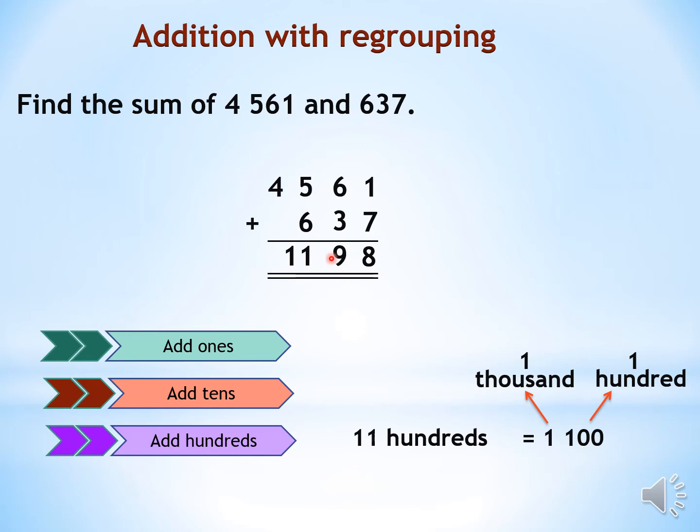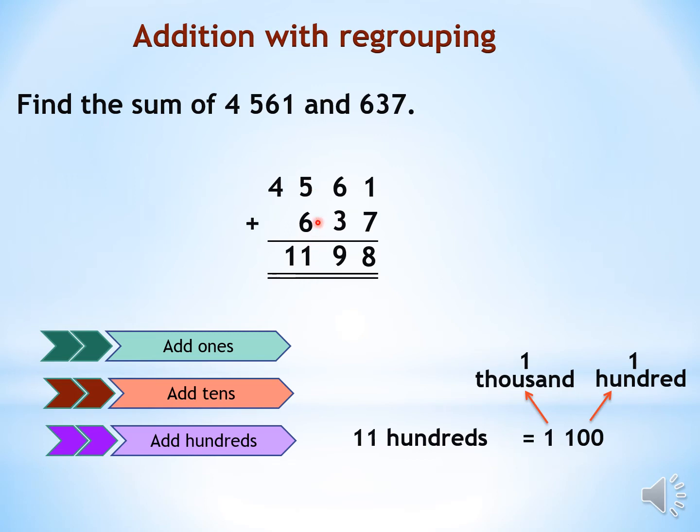So, to write the answer here for the count of the hundreds, instead of writing 11, we can regroup 1,000 in the thousands place and we can just remain this 100 in the hundreds place. Did you see how 11 was written?